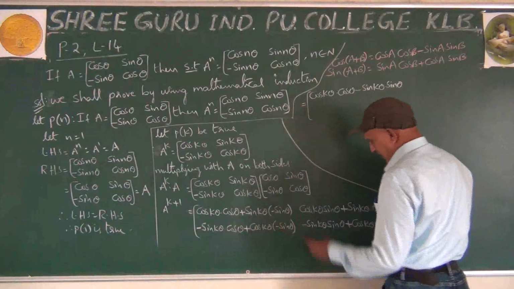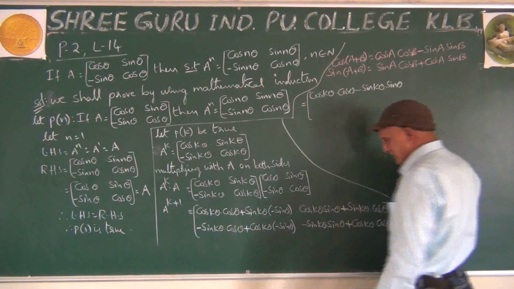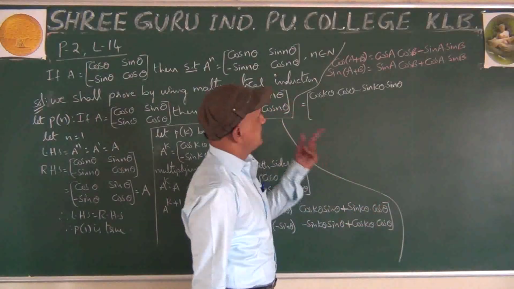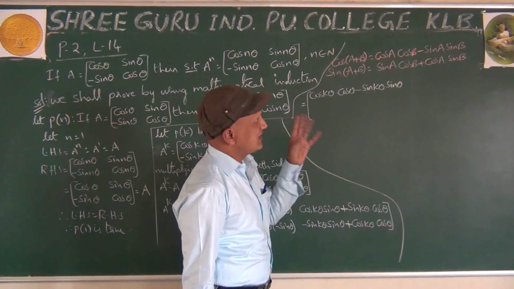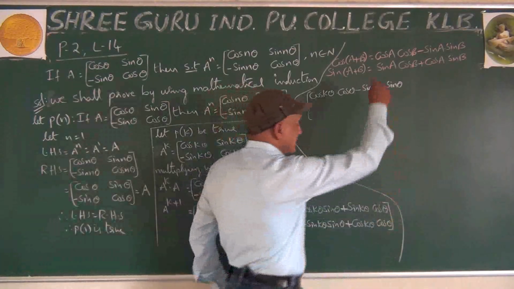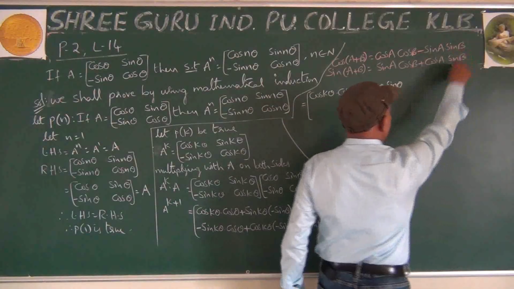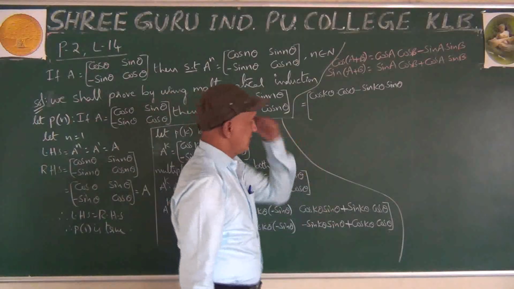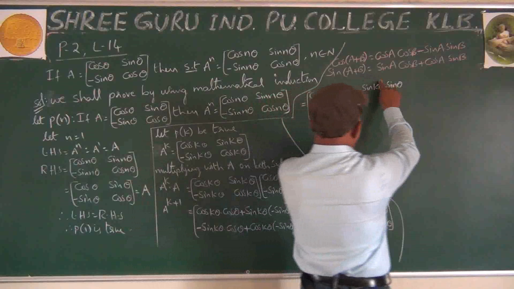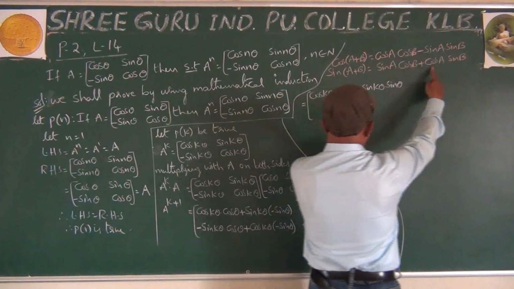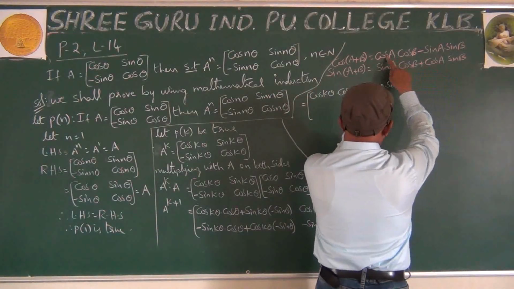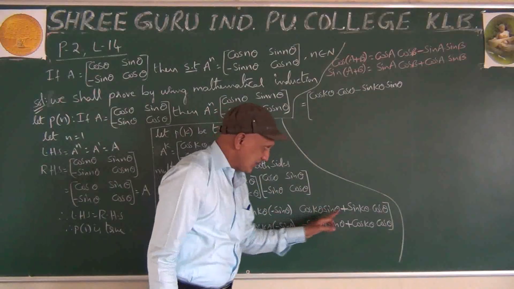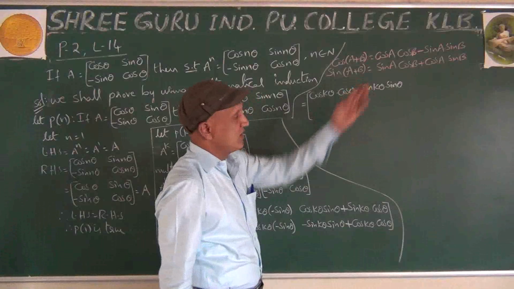Coming to this one, if you observe carefully, cos sin is not there, but sin cos is there. Cos sin cos we have in the beginning.